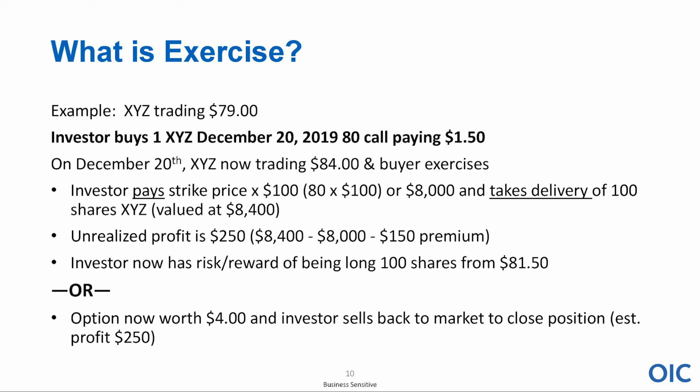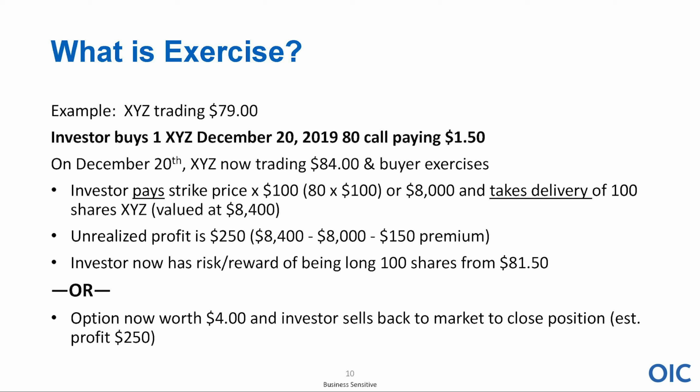I didn't want to risk $7,900. Maybe it would be trading at $7,000, wouldn't it? So when I exercise that option, I have taken delivery of 100 shares of the underlying stock. Now I have an unrealized gain of $250, right? The stock is trading at 84. My cost, and when we talk about cost on these things, we are not adding in any transaction costs you may pay to your broker.